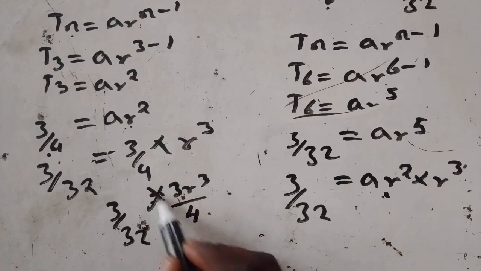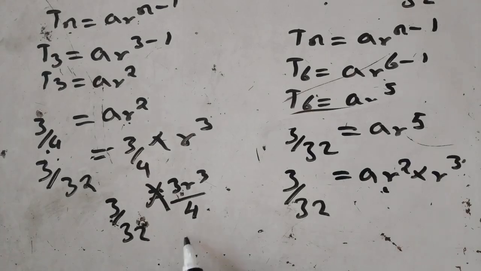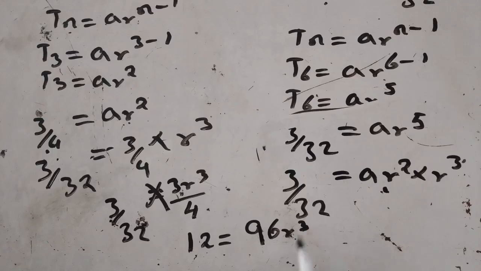Then we cross multiply: 4 times 3 gives 12, equal to 32 multiplied by 3, which is 96, times r cubed.